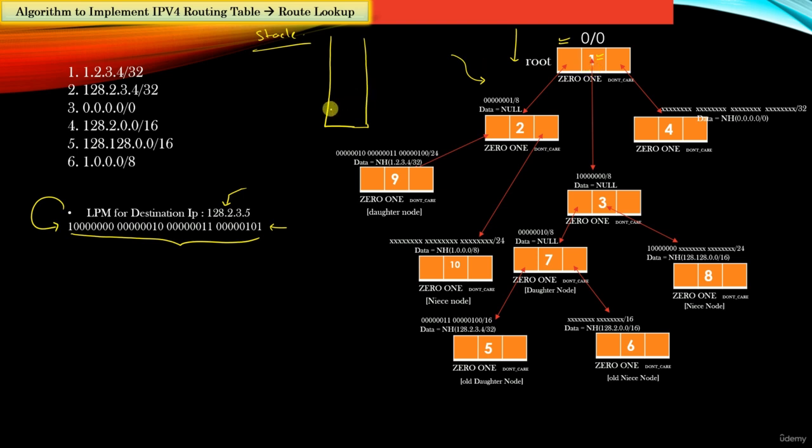Alright, since we are starting our search from the root, in the stack we always push the don't care child of the current node. At this point of time, the current node is the root where we are starting our search from, and the don't care child of the root node is the node number 4. So in the stack we push the node number 4, and we also push the second thing in the stack, and that second thing is the number of bits of the input string which has been parsed so far while we are traversing this mtry data structure from top to bottom.